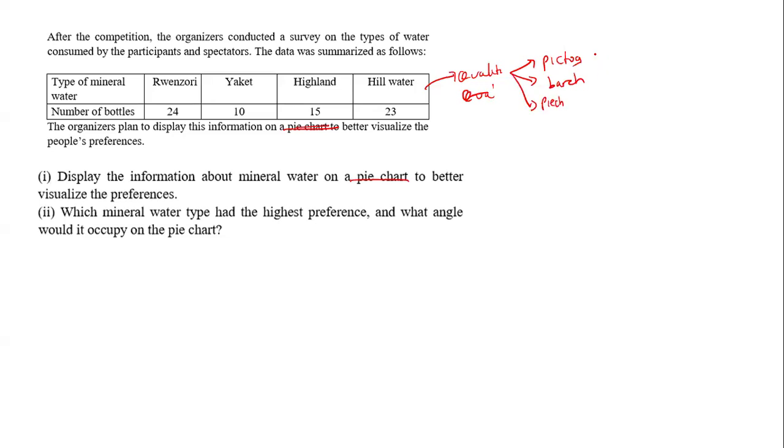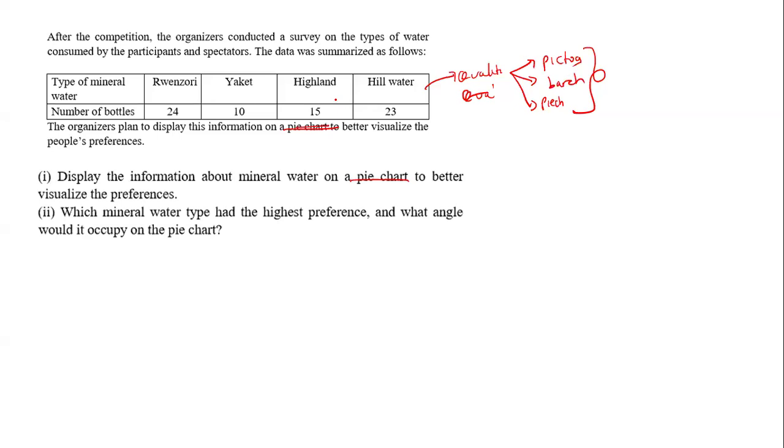So even if they don't specify, keep in mind that it should be either a pictograph, a bar graph, or a pie chart. Now, for this part one, they specified that they want us to use a pie chart.